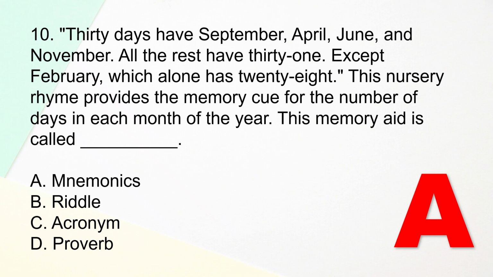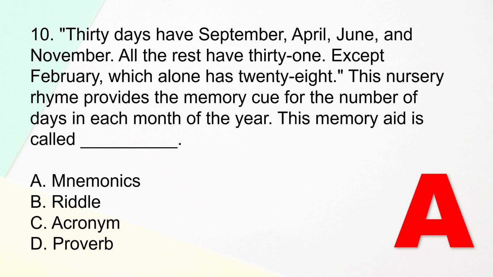So a mnemonic is a memory aid used to help remember information, often in the form of a rhyme, phrase, or acronym. So the rhyme about the number of days in each month is a classic mnemonic. So why are the others incorrect? The other choices: riddle is incorrect because a riddle is a puzzle or question meant to be solved, not primarily for memory.